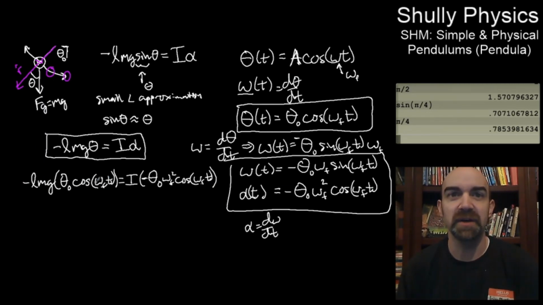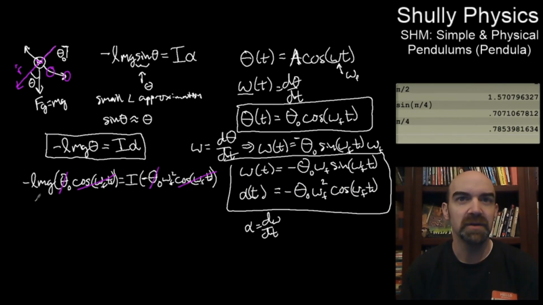If we divide both sides by cosine omega f t, those two cancel. If we divide both sides by the amplitude, that cancels. Ooh, there's a negative on this side and a negative on that side. Multiply both sides by -1, they cancel as well.